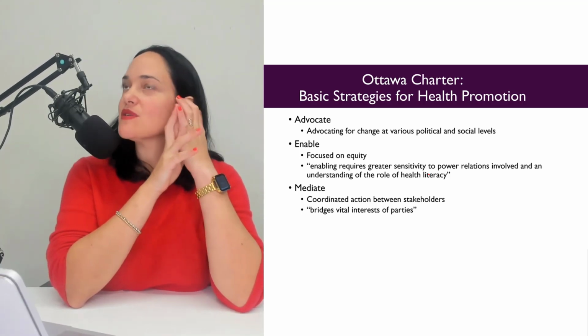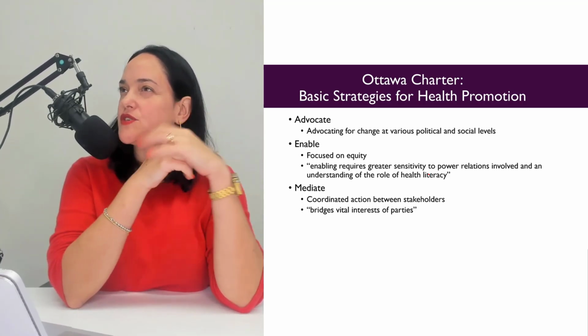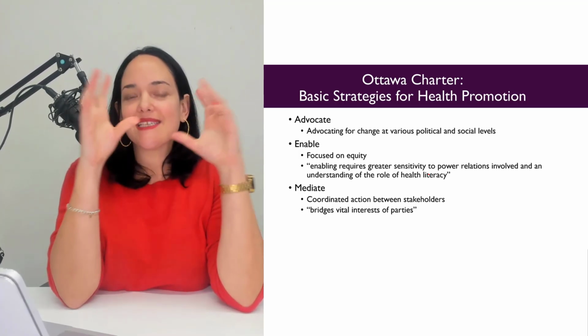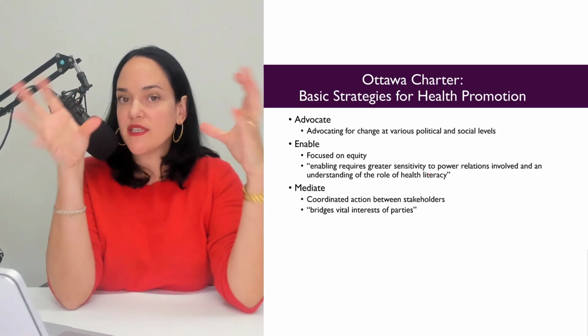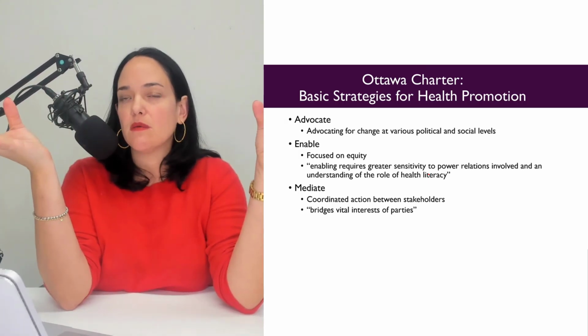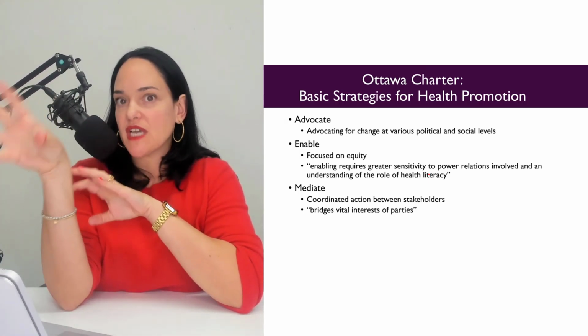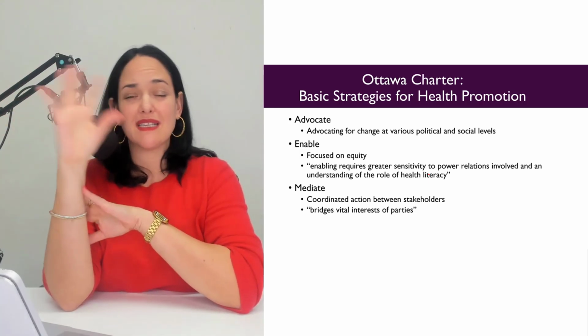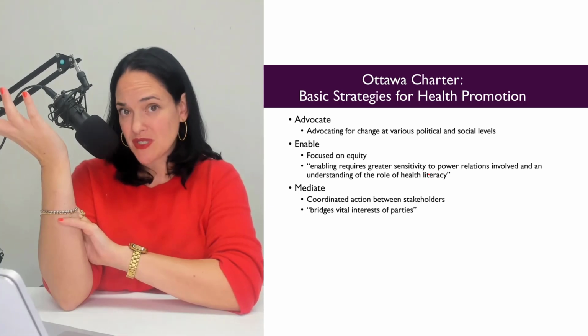And then the last part of the Ottawa Charter, I like this one. This one took me a while to understand, but mediating is about this: health promotion isn't the job of one sector or one person, right? It's not just the job of the health sector. Let's say we're trying to promote good nutrition choices.